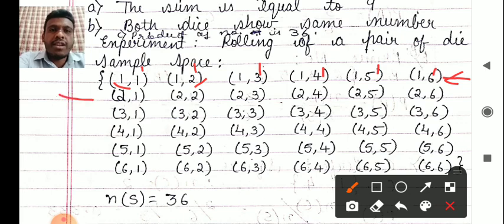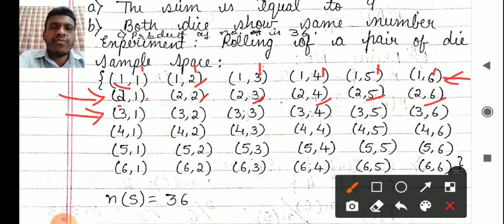In the second one I fixed 2 and the other one is changing: 1 2 3 4 5 6. Now in the third one I fixed 3 for the first die and I am changing the second one: 1 2 3 4 5 6.